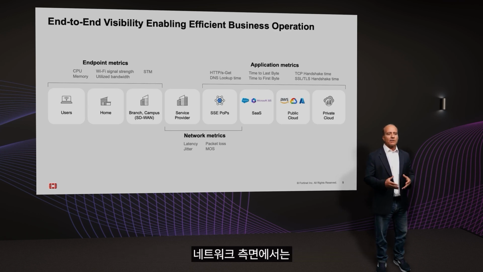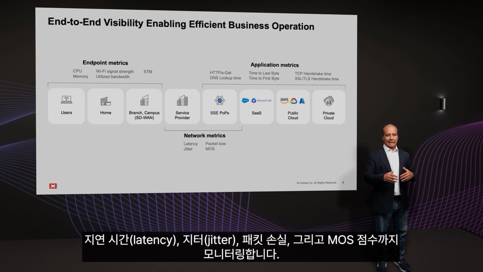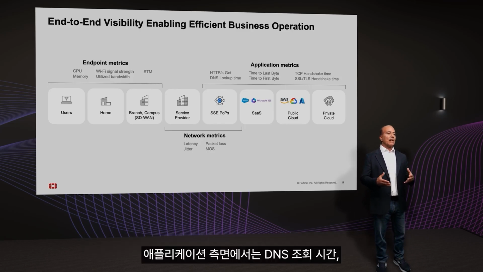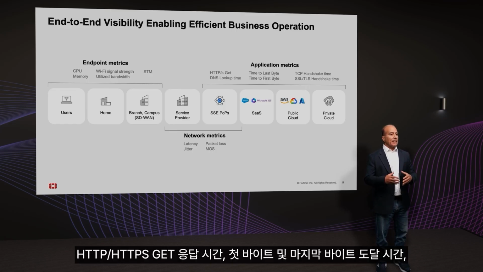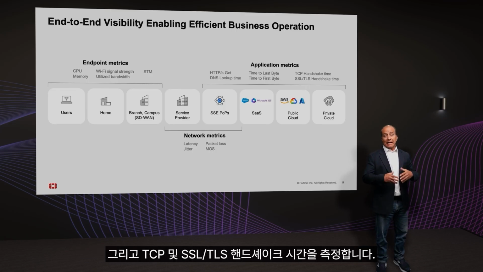We also monitor network metrics like latency, jitter, packet loss, and MOS score. And on the application side, we measure DNS lookup time, HTTPS GET, time to first and last byte, and handshake time for both TCP and SSL/TLS connections.